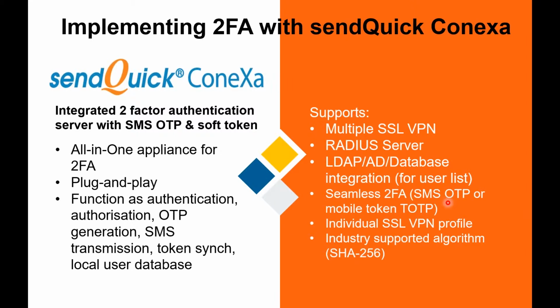This means there's no requirement to carry another device for a token apart from your normal mobile phone. It allows you to create individual SSL VPN profiles, and we use the industry-supported algorithm SHA-256.